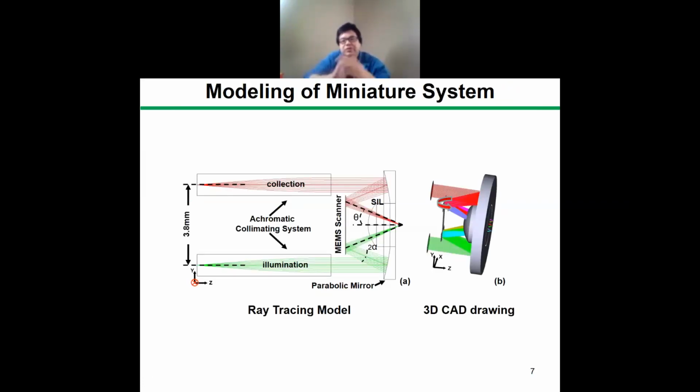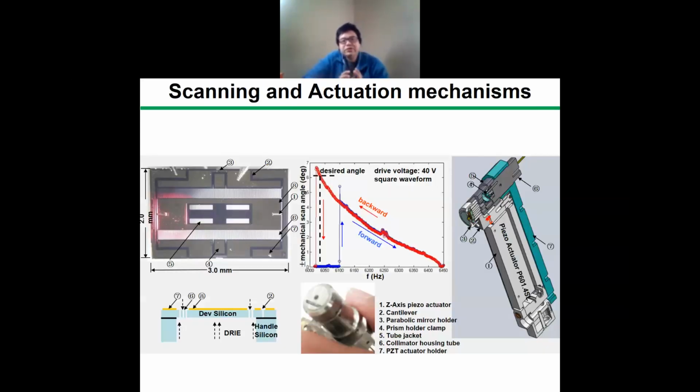So we start with ray tracing, ZMax or other software if you like, to determine all the parameters for this imaging system. Then we first mock up a system using all the macro-scale interface and also actuators to mimic the Z. But essentially, there's a MEMS scanner we custom developed using resonance scanning.